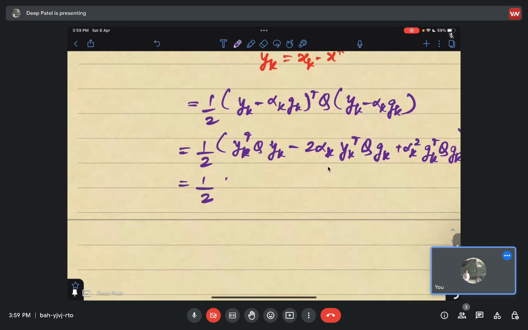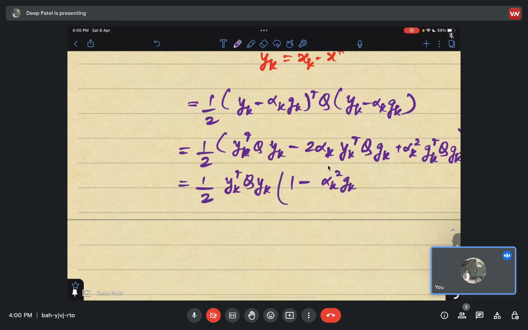So we'll take this term out and see if it simplifies in one or two steps. So 1 minus alpha_k squared g_k transpose Q g_k, plus 2 alpha_k y_k transpose Q g_k. Be careful about the minus sign; there is a minus sign here also.